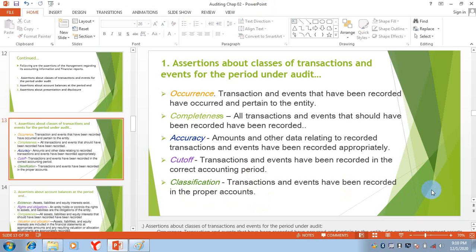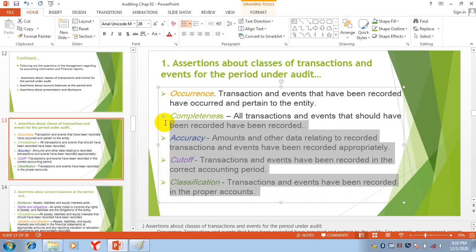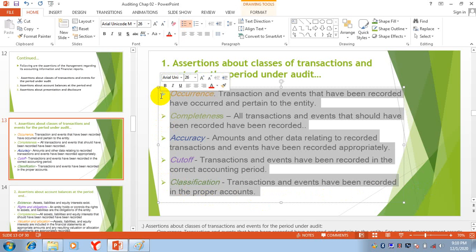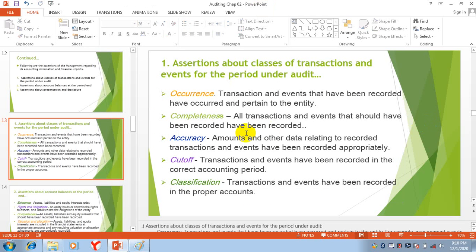So they develop the financial record. When the management develops the financial record, they claim something about it, and we call it assertion. Assertion about the transactions and events.